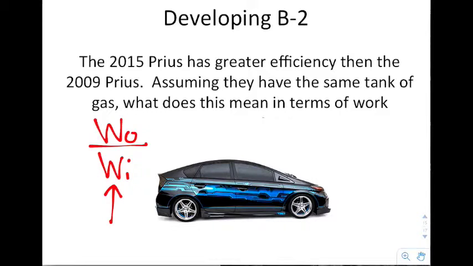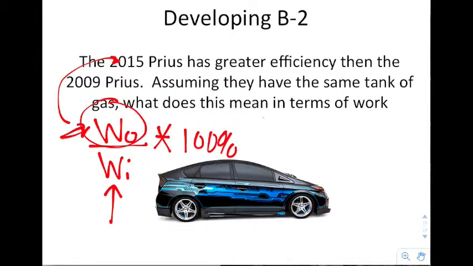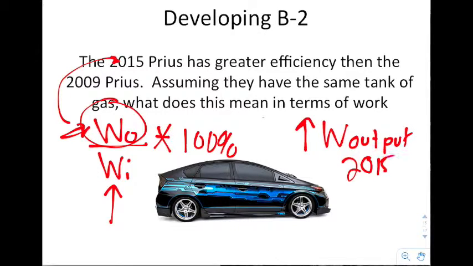But since the 2009 Prius has a lower efficiency, it doesn't get nearly the work output that the 2015 Prius does. So in terms of work, I get more work output with the 2015, which in real terms means the car can travel further on a tank of gas. So what that means is that it'll have an elevated miles per gallon rating.